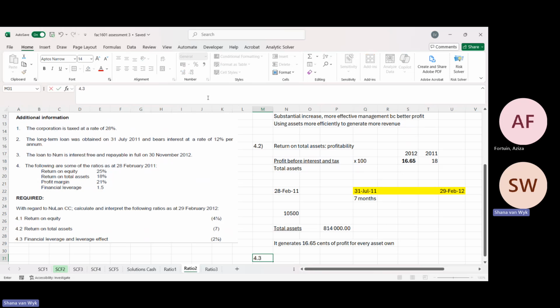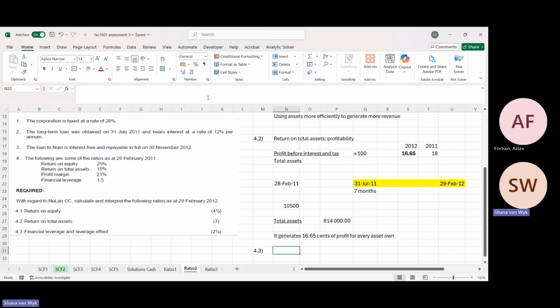4.3, with financial leverage. Which one is this one? To financial leverage. Return on equity to return on assets.